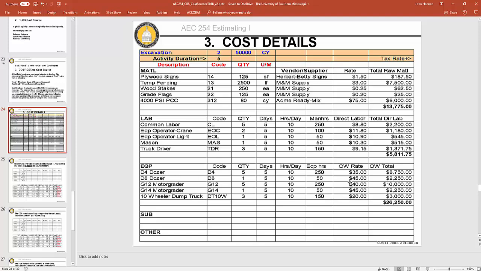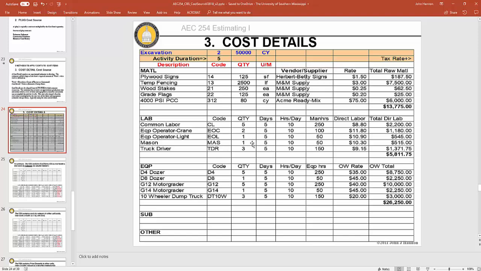And then the equipment, we charge ourselves per the hour, just like people on equipment. And this is the equipment cost. So if I add all of these costs together, that's the cost of this excavation cost item. If I divide it by 50,000, then that's the unit cost. Right?